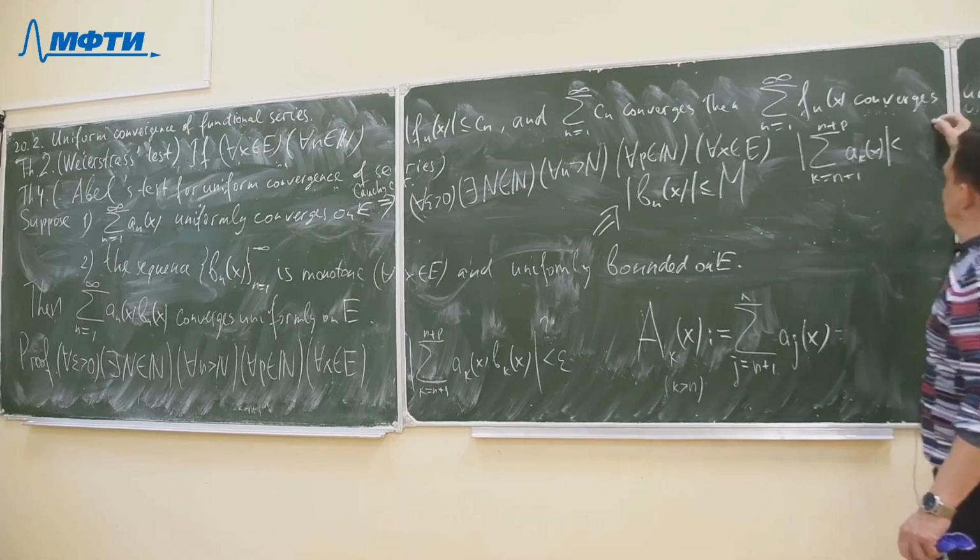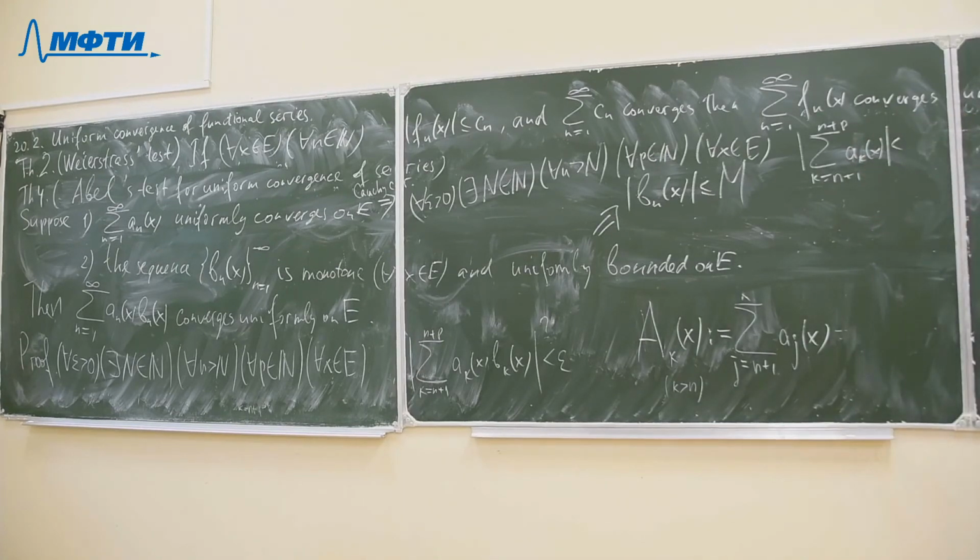That is precisely, okay, once again, I replace it by epsilon over 6M now. M is chosen before, right? Why do I choose like that? Because that is precisely capital A with number n plus p of x, right? And p is arbitrary here, right?